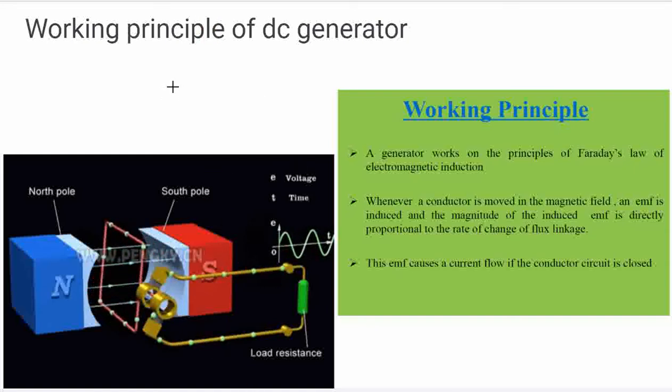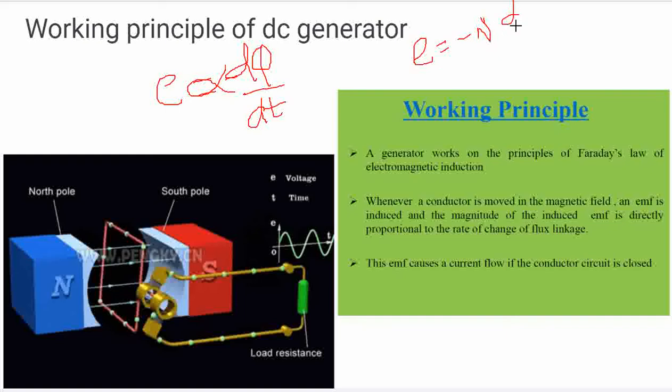So E is directly proportional to dφ/dt, which can be rewritten as E = -N dφ/dt. The negative sign shows that the effect opposes the cause.